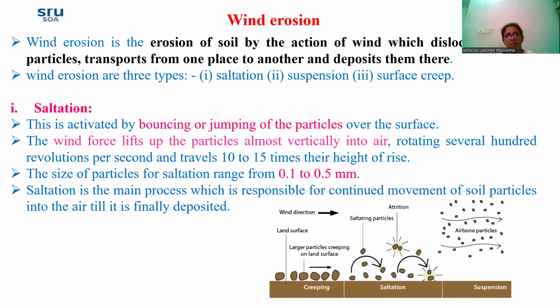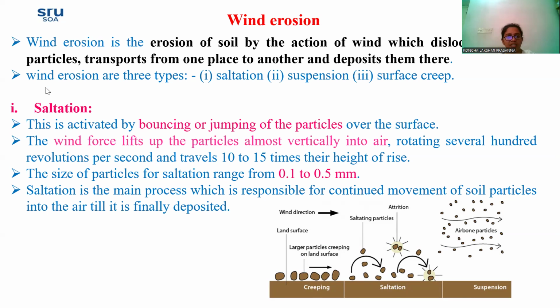That is known as wind erosion. Wind erosion is of three types: saltation, suspension, and surface creep. Here you can see the picture which depicts these types of wind erosion. Let's see them one by one.